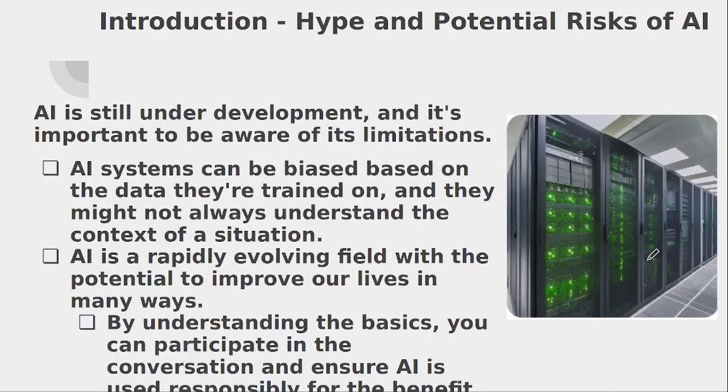So there is a lot of hype and there are potential risks of AI as well, because this is common to any technology that we might encounter or utilize from the beginning. There are lots of hype expectations. AI is not a new thing, it has happened in the past, and some of this hype was over-exaggerated, and due to some obstacles, the technology wasn't able to move forward as expected.